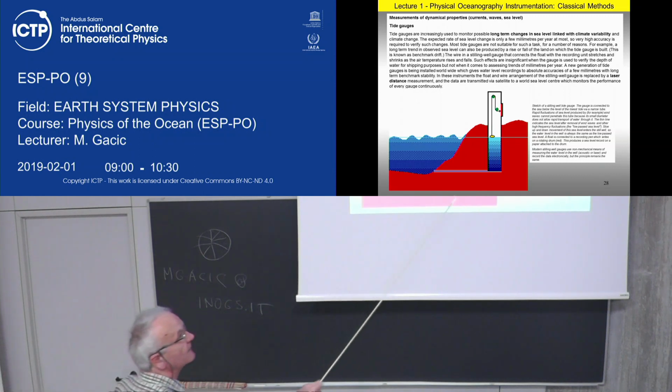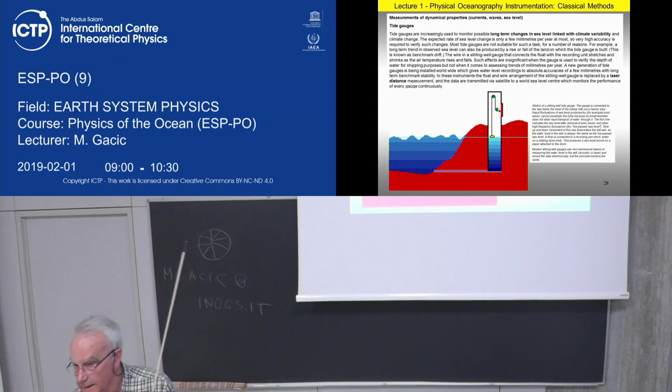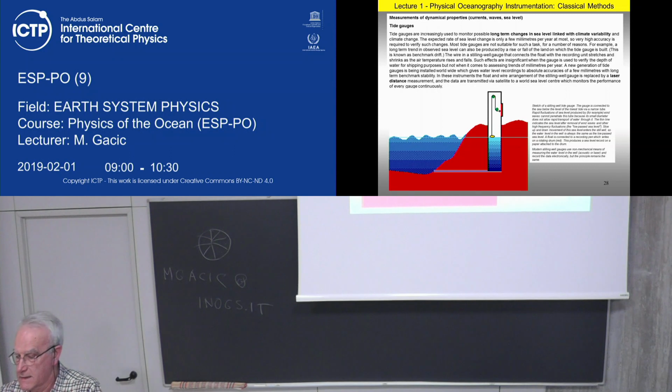Thanks to the fact that both in Venice and in Trieste we have two tide gauges which have a time series of about 150 years, we were able to separate the two processes, the global sea level increase from the subsidence, because simply comparing Trieste and Venice, in Trieste presumably there is no subsidence. The difference between the two is due to the subsidence in Venice.